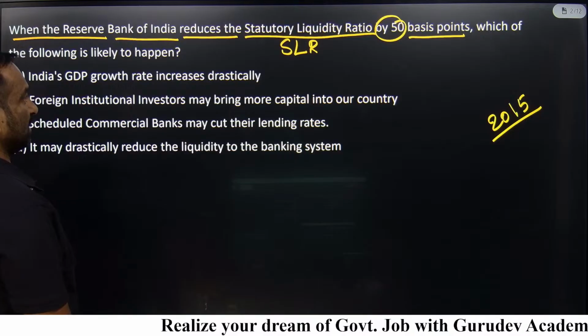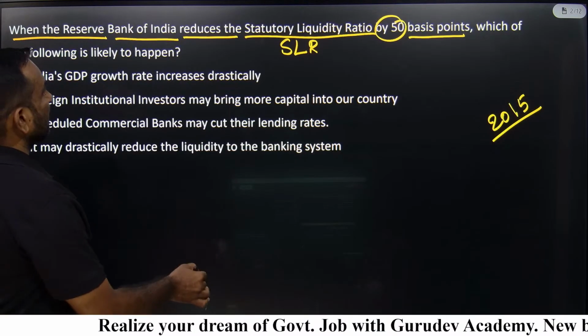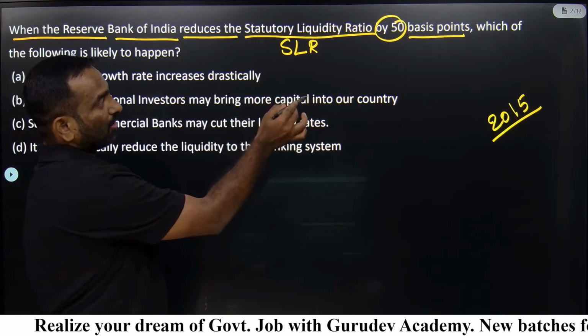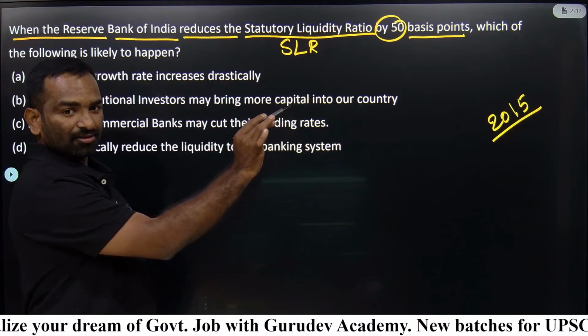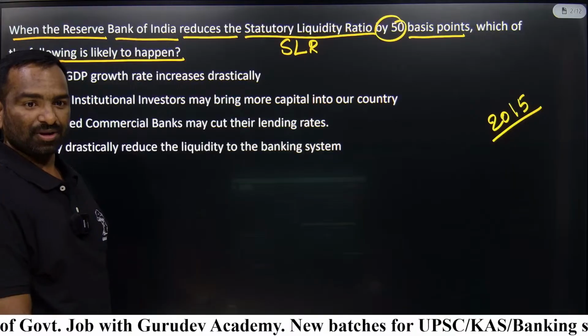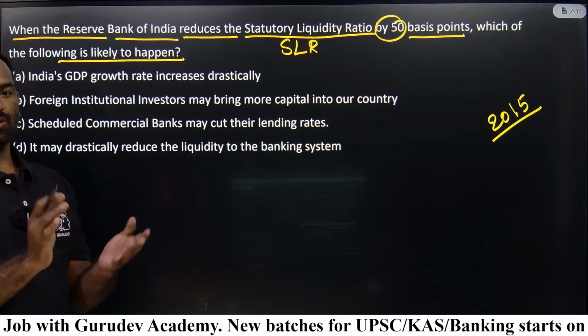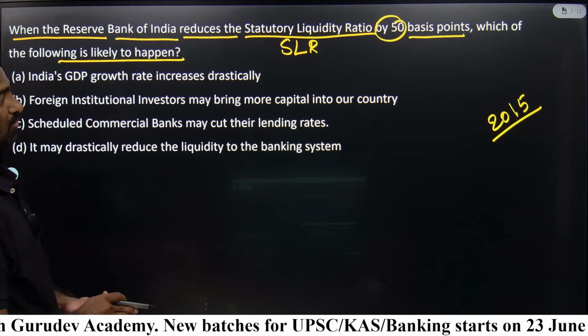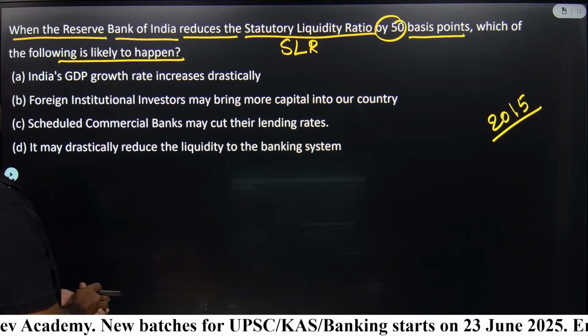Okay, the question is very clear. When RBI reduces the SLR, what will happen in the economy or in the market? That is what the question asked in the previous year in 2015 UPSC prelims.